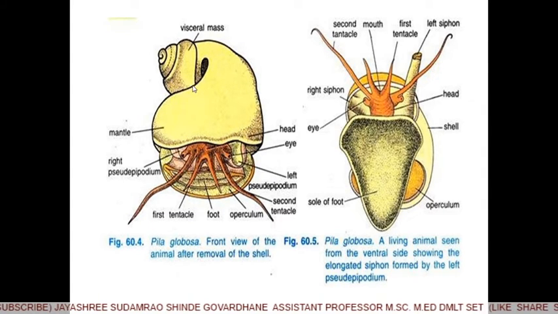It is glandular, meaning it contains glands. The mantle, also known as the pallium, is the only characteristic molluscan organ.